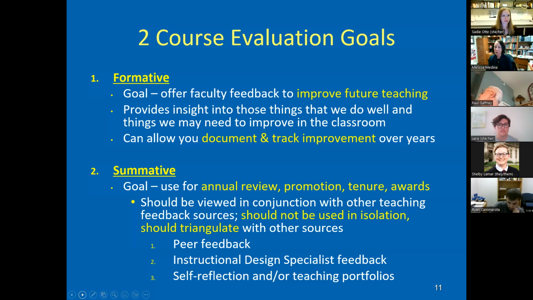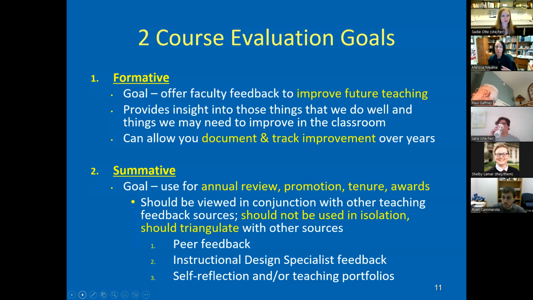My college has a curriculum committee that evaluates our courses every 3 years. We do peer review of our courses, and we use the course evaluations, often a summary of those, to see how the students have received that course over time. So course evaluations can be used for a variety of summative reasons.